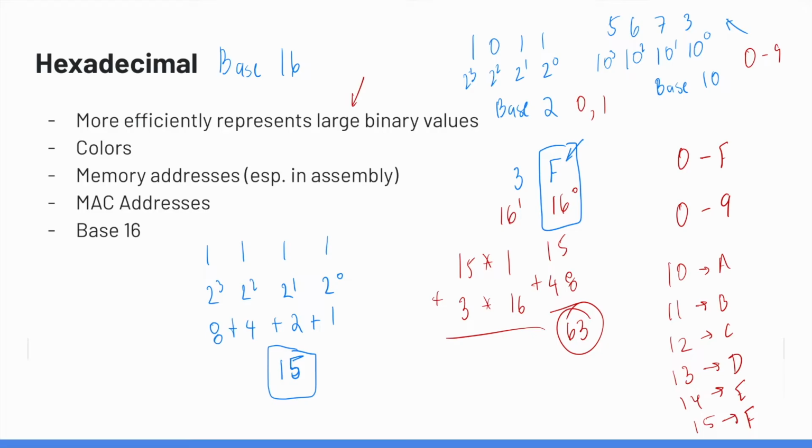So a lot of times hexadecimal digits are used to represent binary values because each hexadecimal digit can represent 4 binary digits. For example, if we had a binary value with 16 digits, we could represent that in 4 hexadecimal digits. This allows us to more efficiently, and a lot of times more clearly, represent large binary values. Hence the reason why we use hexadecimal in place of binary.